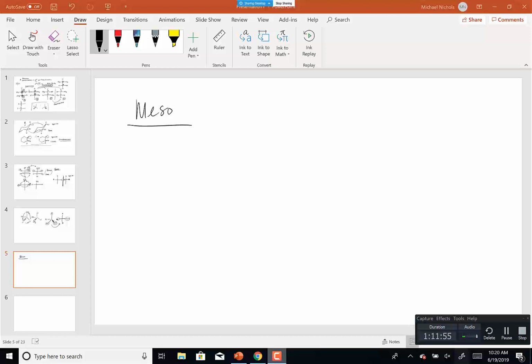Meso. What is a meso compound? Let's develop a meso compound.